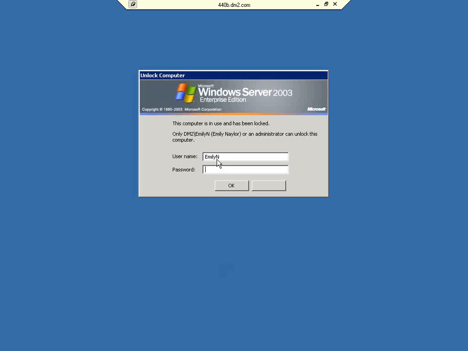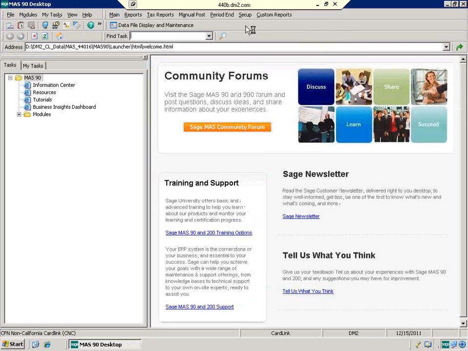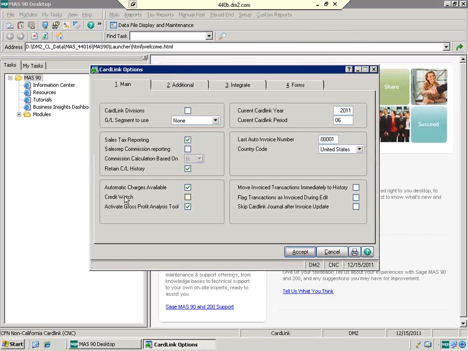And I will show you. Credit Watch right here. And right below it is activate the gross profit analysis tool. Okay. So main screen.